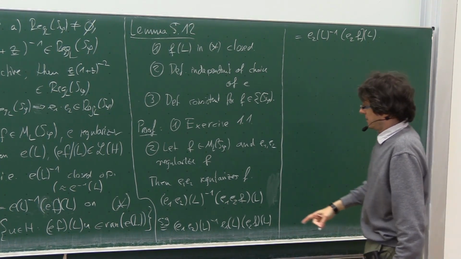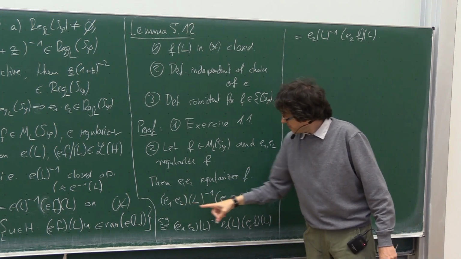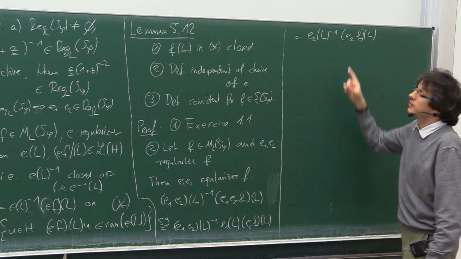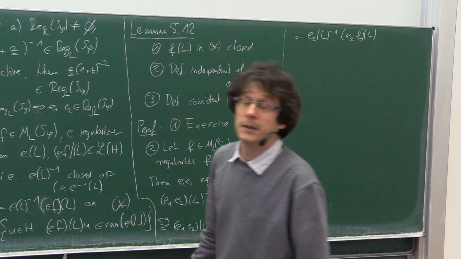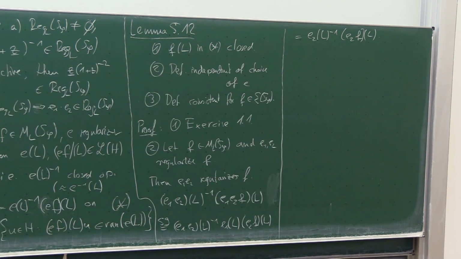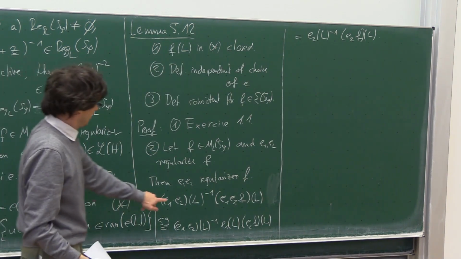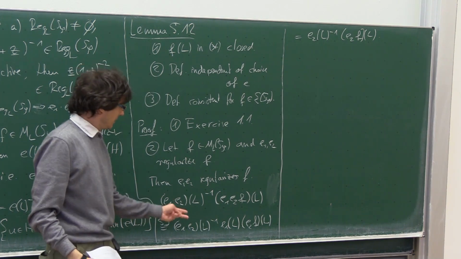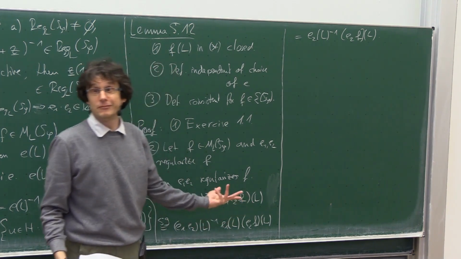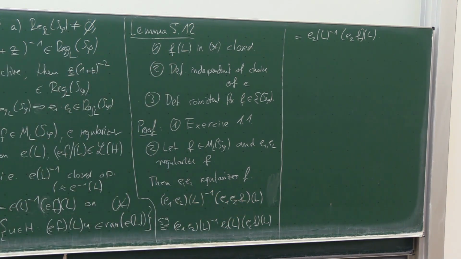Okay, and you see, if you regularize with the product, you get the same as if you only regularize with E2. And then you do the same calculation with E2E1 here and E2E1 here. Multiplication in the complex numbers is commutative.